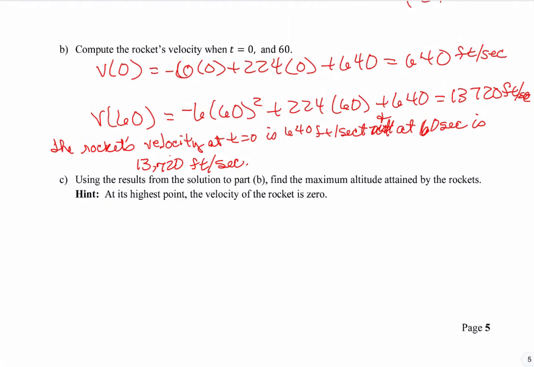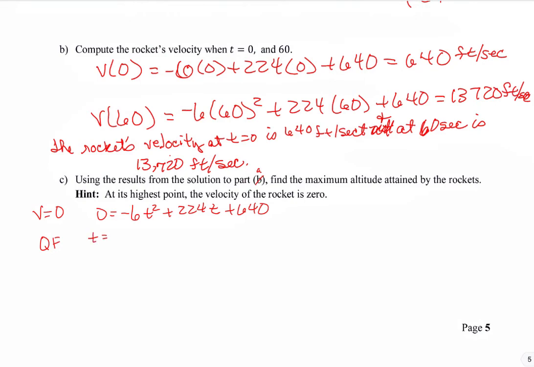So the next question says, using the results from part B, find the maximum altitude obtained from the rocket's height. And this really should be from part A. So velocity equals 0. So we want to set 0 equal to -6t squared plus 224t plus 640. Now I use the quadratic formula to solve this.